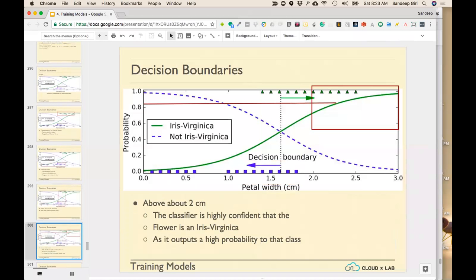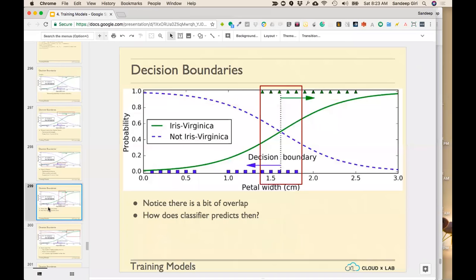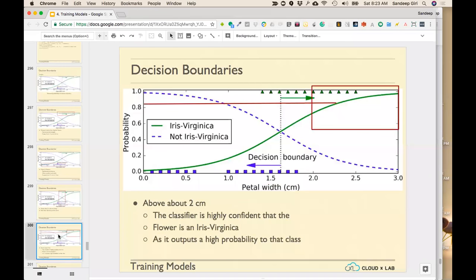When you are doing classification, you should generally plot these kinds of decision boundaries and take a look at where the overlap is happening.